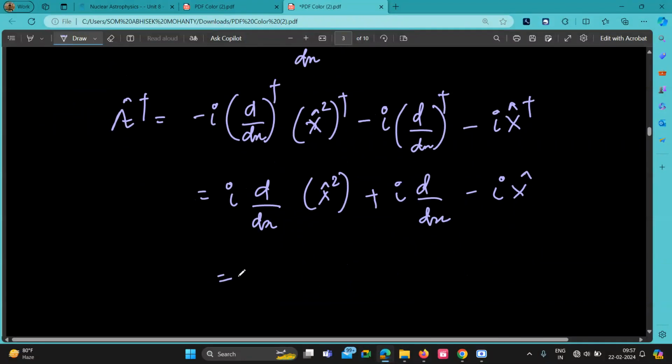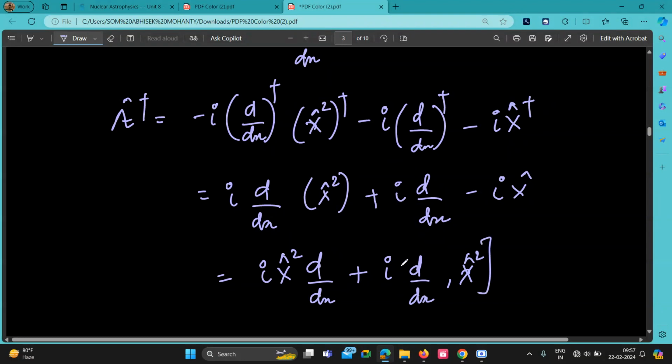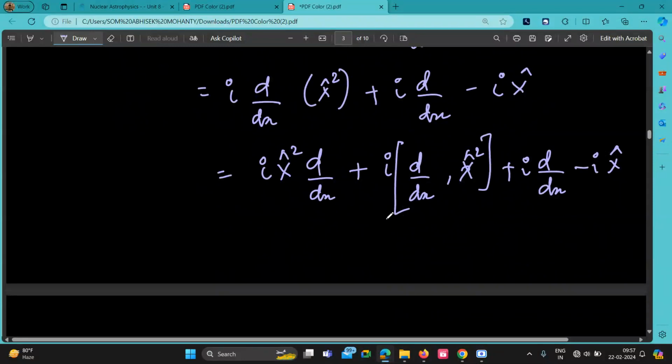Here, I will write it as i x² d/dx plus i d/dx and x² commutation, plus i d/dx minus i x. What I did here is the commutation of i d/dx and x².